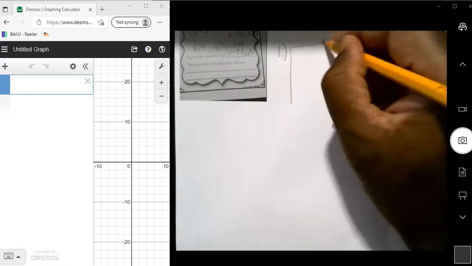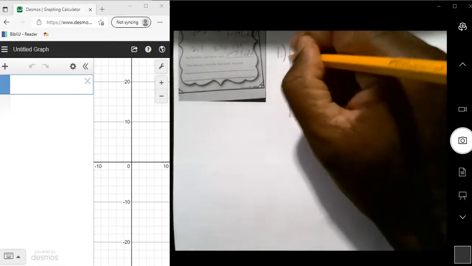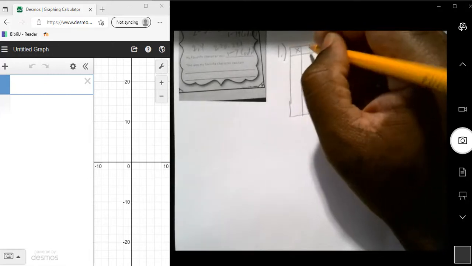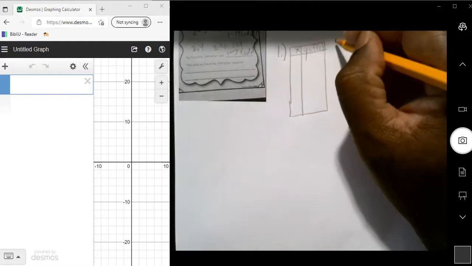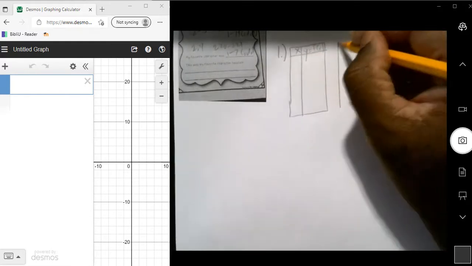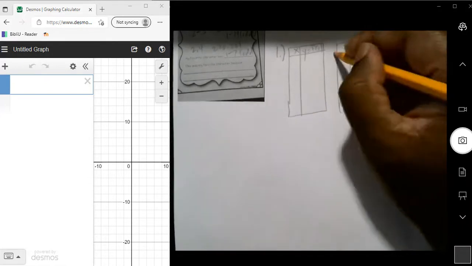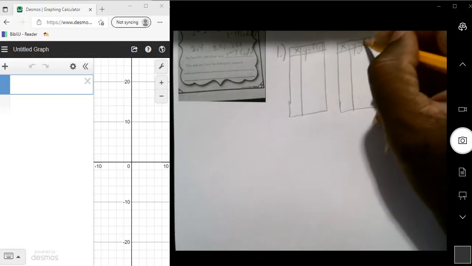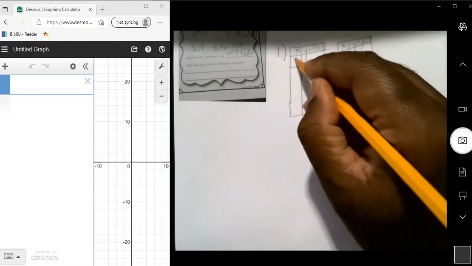We have two tables. Let me do these tables real quick. So we have x, and then y equals f of x. And then we have the other table, x and y equals g of x. Now, since we're doing this right now, let me just say this.